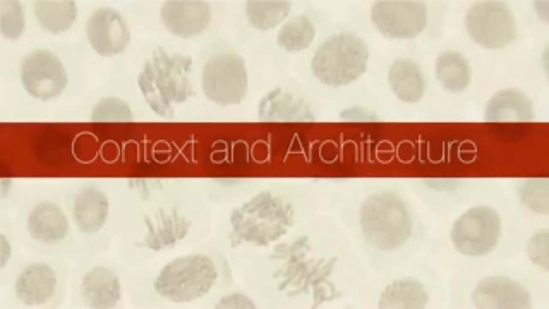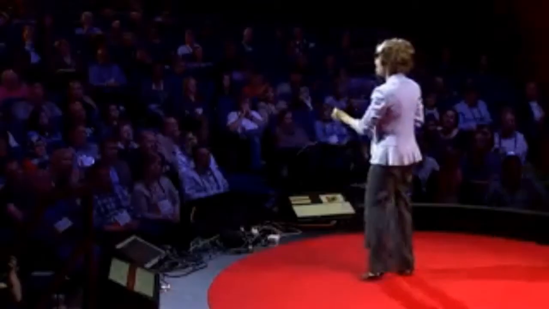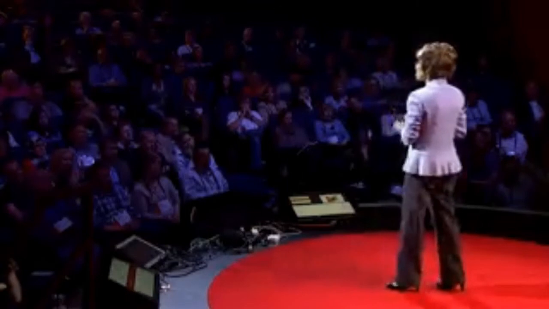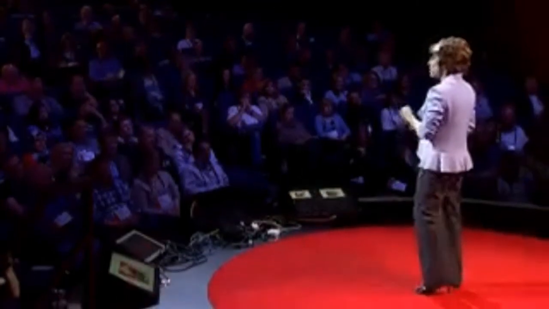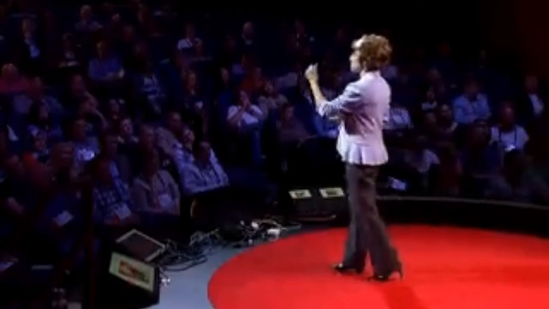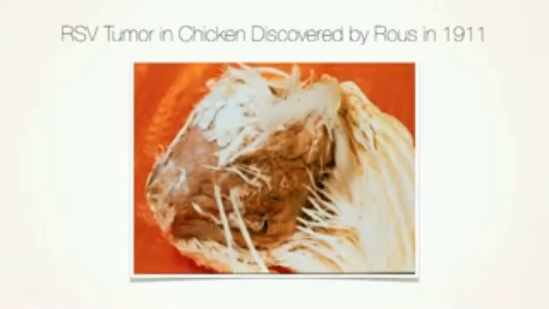Why not? So I decided over the years, because of a series of experiments, that this is because of context and architecture. And let me quickly tell you some crucial experiments that were able to actually show this. To begin with, I came to work with this virus that causes that ugly tumor in the chicken.